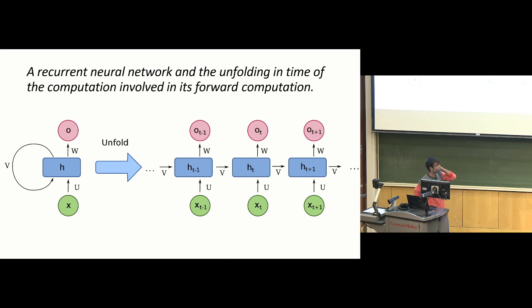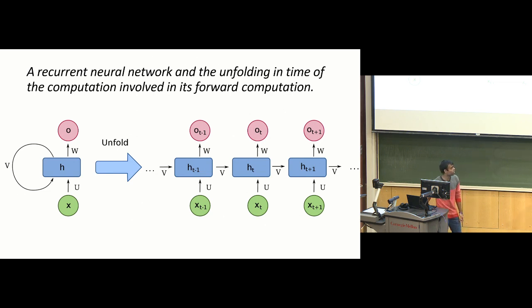So what is an RNN? As you can see over here, this is the computation of an RNN that is unfolded in time. There is an input given in the green circle, that's X, and the hidden states. The standard representation for an RNN is as shown on the left-hand side. There is a loop symbol that shows that the units are being repeated, and each cell produces an output based on an input.